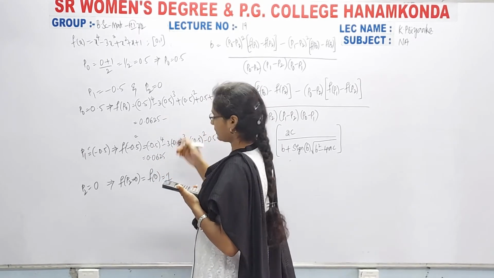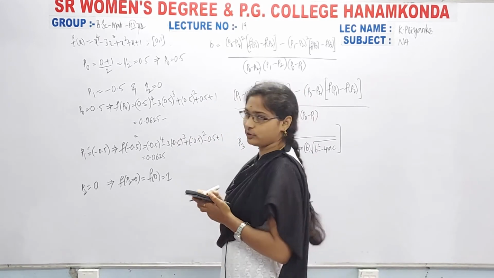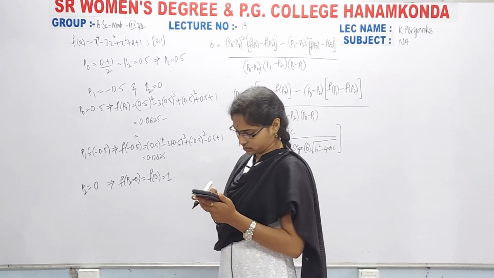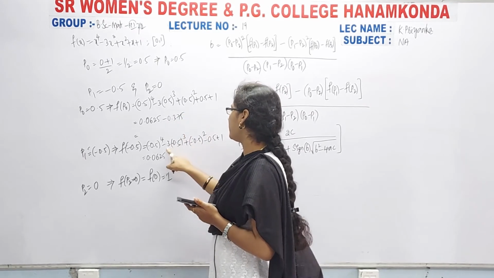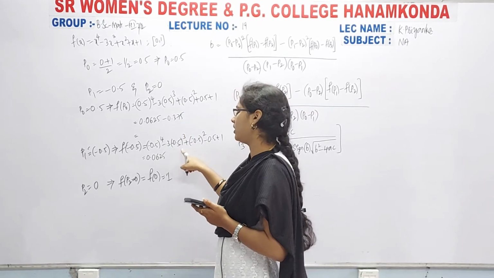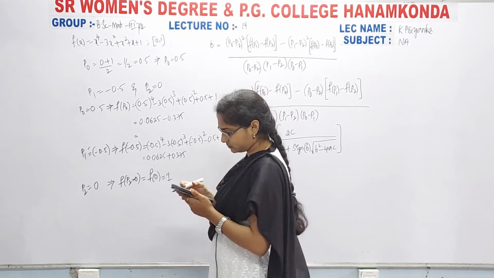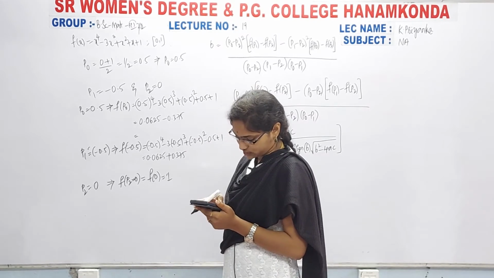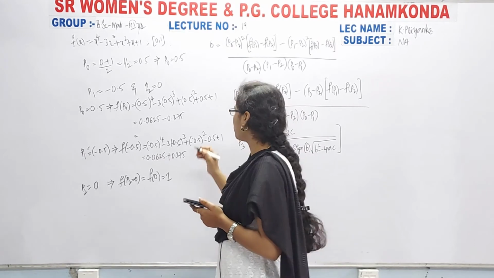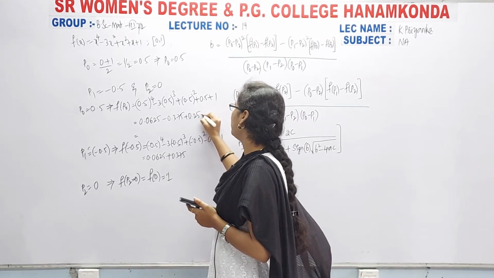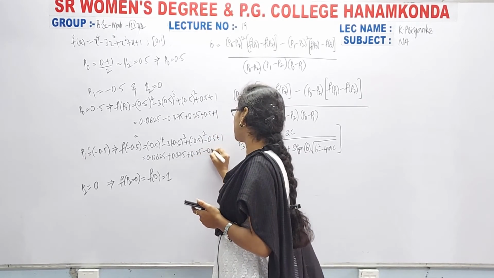So next, 0.5 whole cube is 0.125, into 3 is 0.375. Here minus 0.5 whole cube into minus 3, so plus 0.375. Next 0.5 whole square is 0.25, plus 0.5 plus 1, and here plus 0.25 minus 0.5 plus 1.